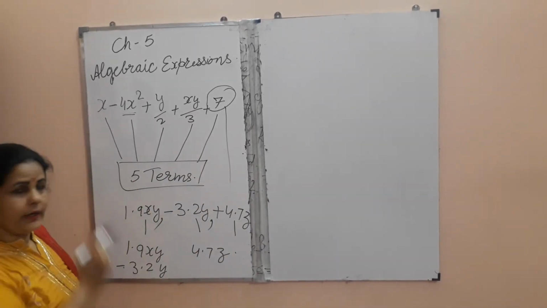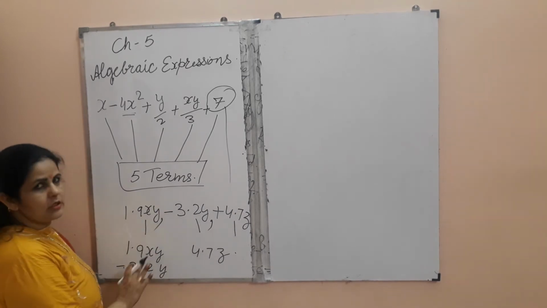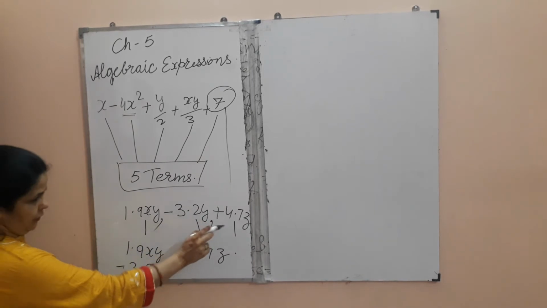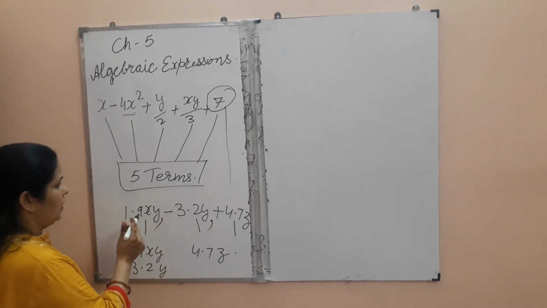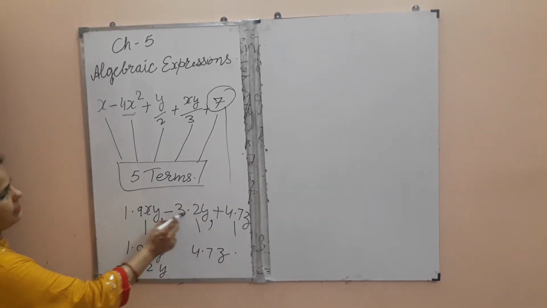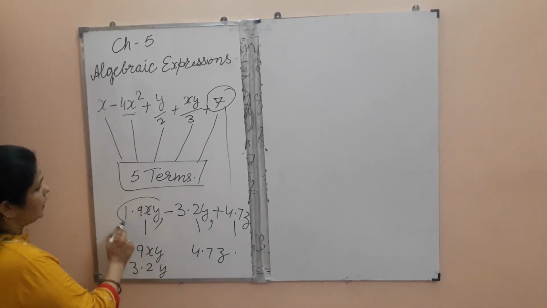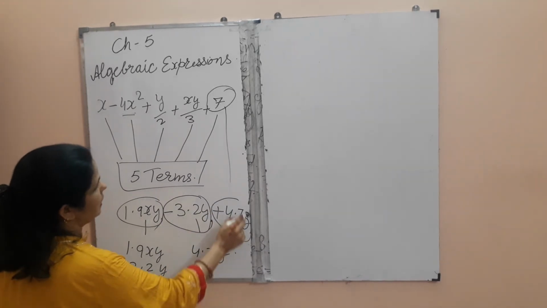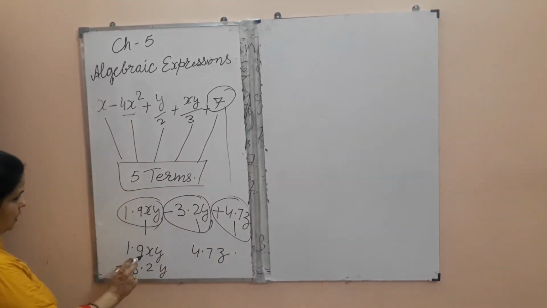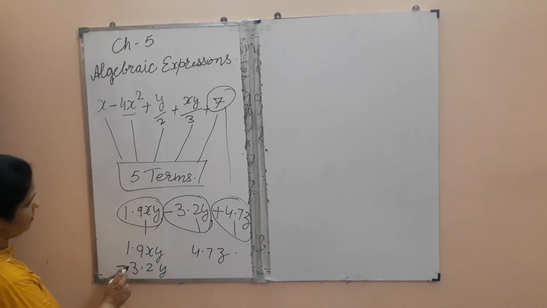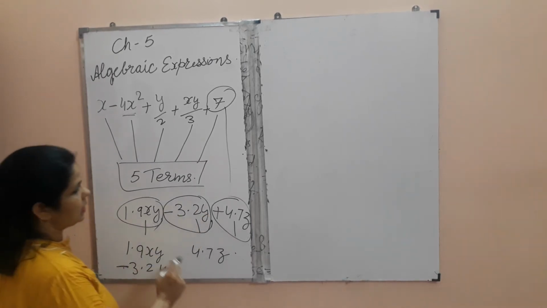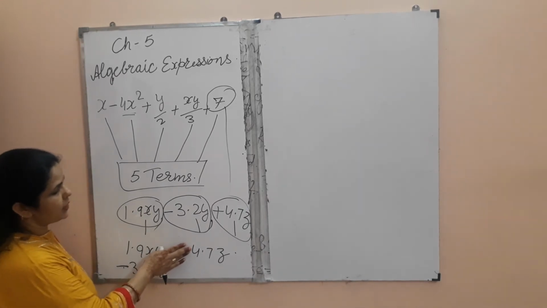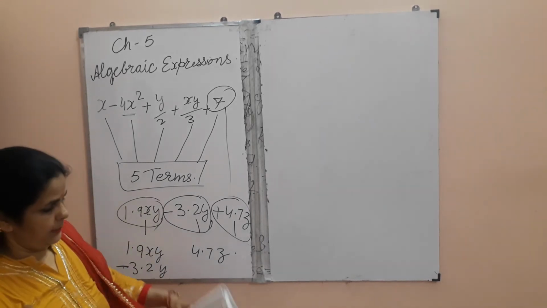We have already done the same thing in the 6th class, so this is just a repetition of the 6th class. The terms are separated by plus and minus signs. So the first term is 1.9xy, the 2nd term is minus 3.2y, and the 3rd term is plus 4.7z. If we put plus, it is plus, and if we do not put any sign, then also it is plus.